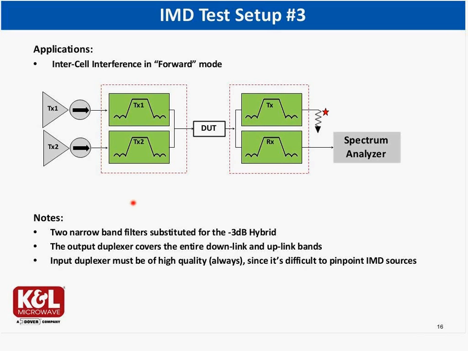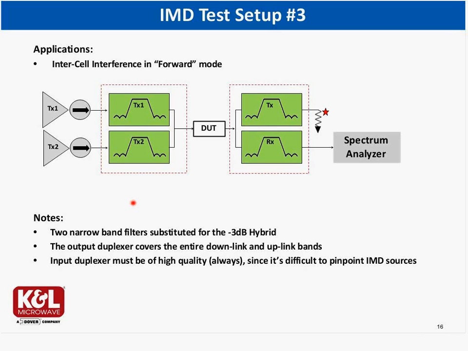I know that some manufacturers are using a phase shifter to find the minimum and the maximum of the result. What I'm trying to say is that you can avoid all of that by making sure that IMD sources are well separated. So I don't have information about phases related to my setups.